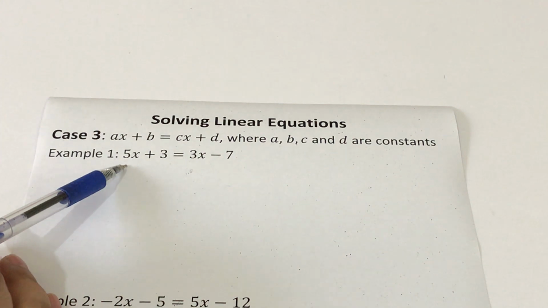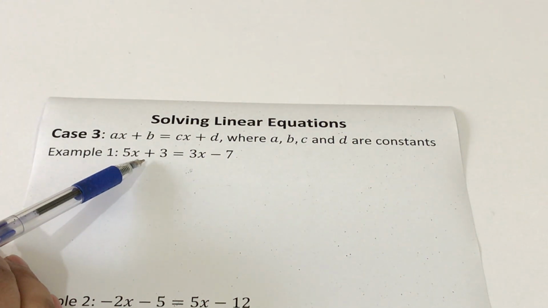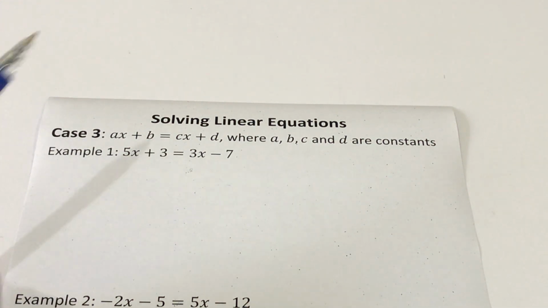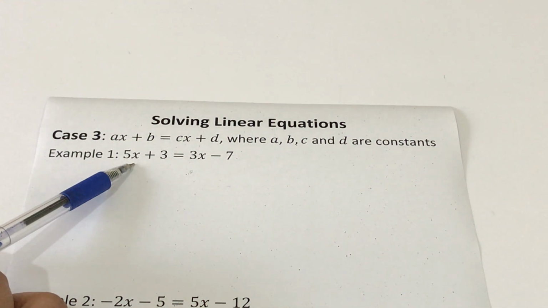In example number 1, your question is 5x plus 3 is equal to 3x minus 7. Basically, we have to find out the value of variable x.